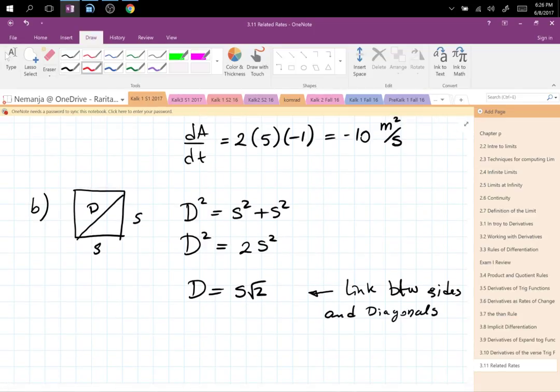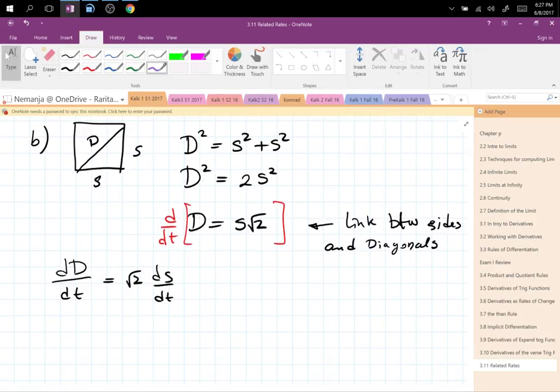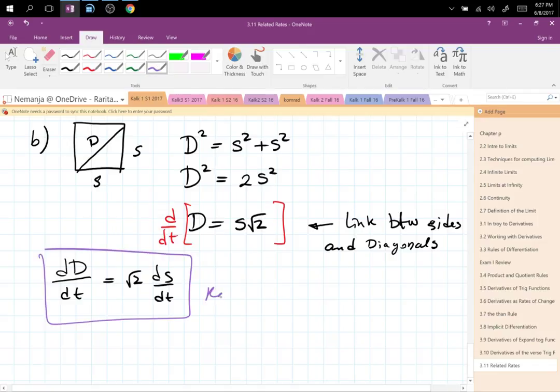So that is our equation that we are going to differentiate with respect to time. And we are going to get change in length of diagonal over time is equal to, and now we take the derivative here. Well, it's just root 2, that's a constant, times 1 times ds dt. So now this equation here is your related rates equation.